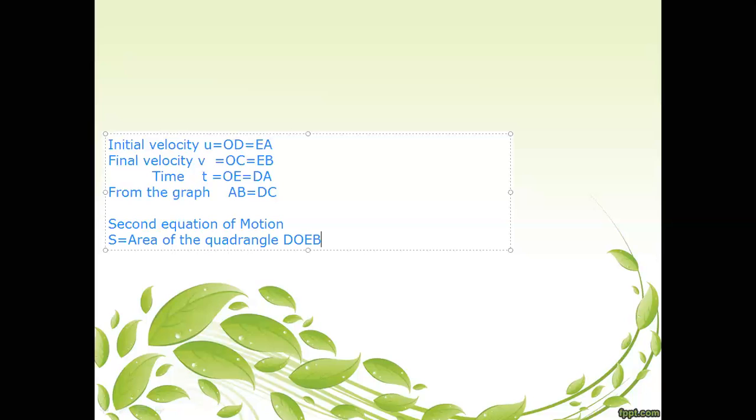DOEA, this is the rectangle, and another part is the triangle. What is this triangle? DAB.